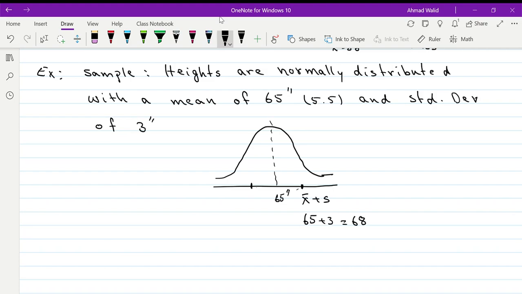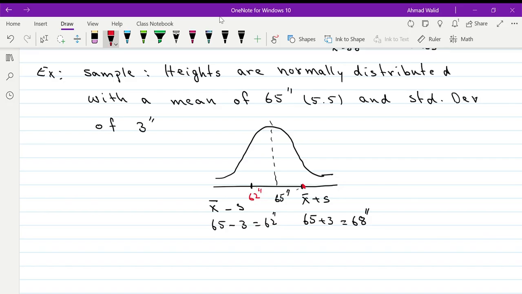It means 1 standard deviation away on the right gives you 68 inches. 1 standard deviation away on the left, because your formula is x bar minus s, then it will be 65 minus 3, which will give you what? 62 inches.